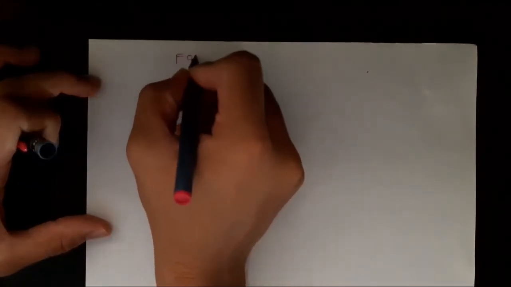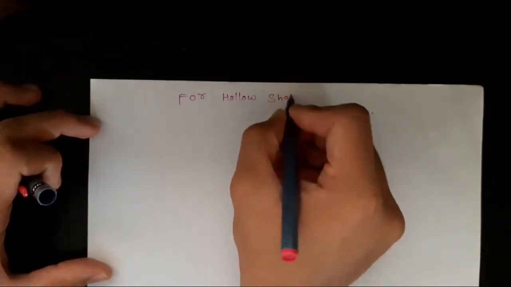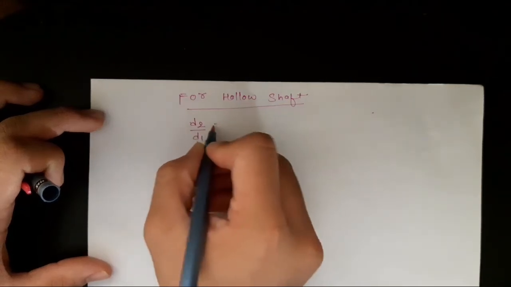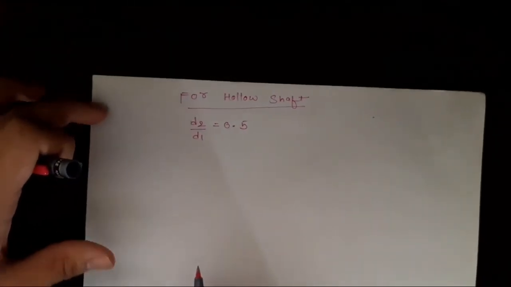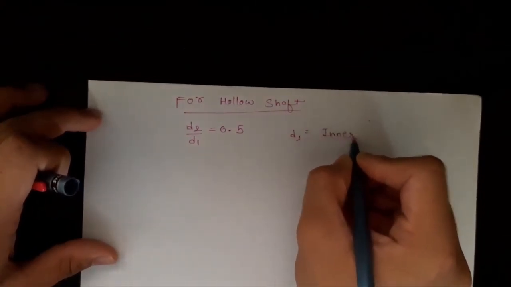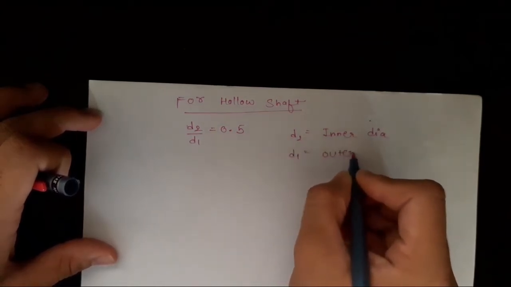Now we will calculate the hollow shaft. For the hollow shaft, we are given that d2 by d1 equals 0.5, where d2 is the inner diameter and d1 is the outer diameter.